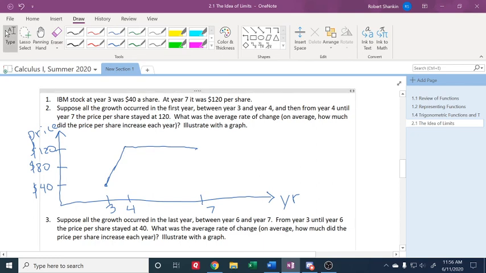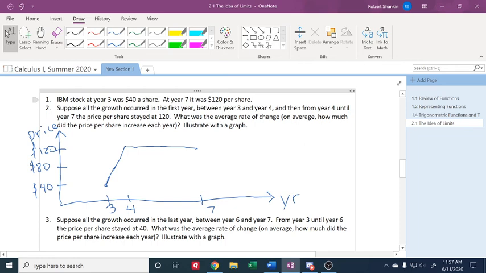Now, if we were just going from year 3 to year 4, your answer is correct. And it would be going up $80 per year. If instead, and I could have been clearer with the question, I really wanted it to go from 3 to 7.